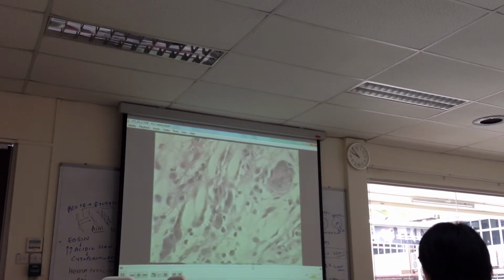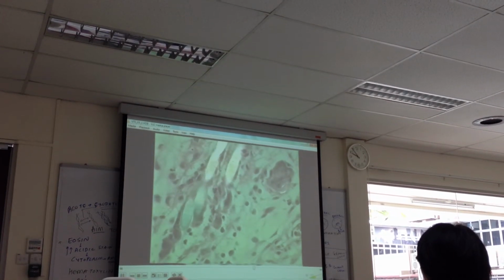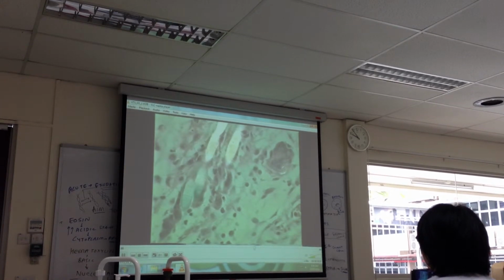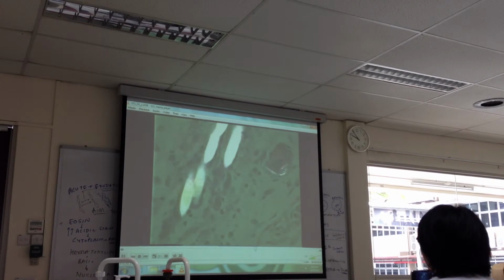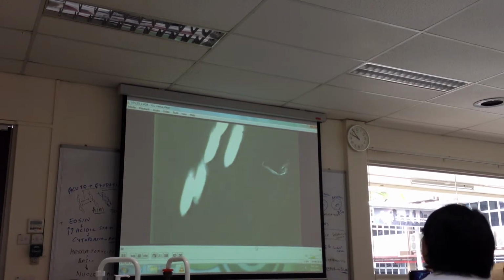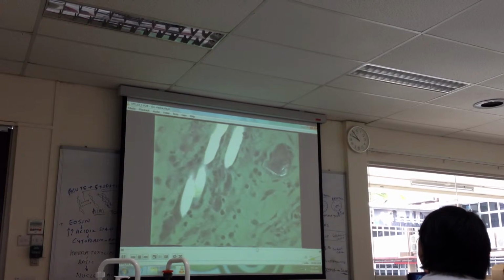By passing polarized light through the tissue, we can see that the cells contain foreign material. It appears bright because it rotates the plane of polarization. In this case, it is catgut from a surgical suture.